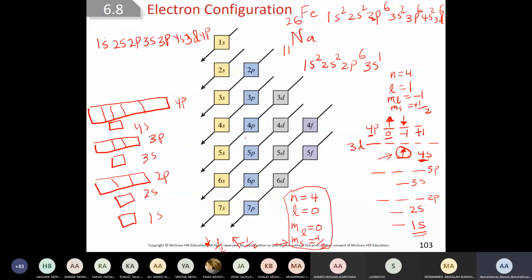Now, let's assume that I have this electron. Then what's the value for n? 4. For l, 1. What's ml?